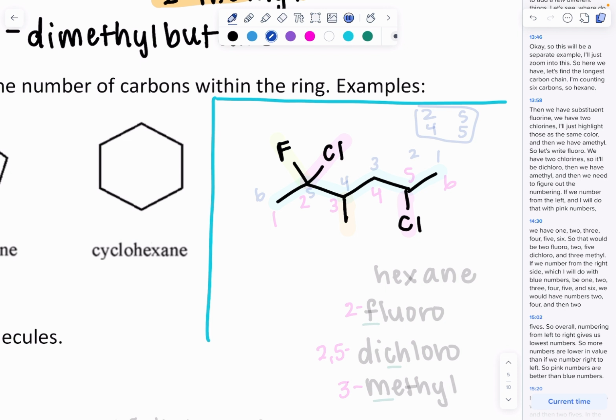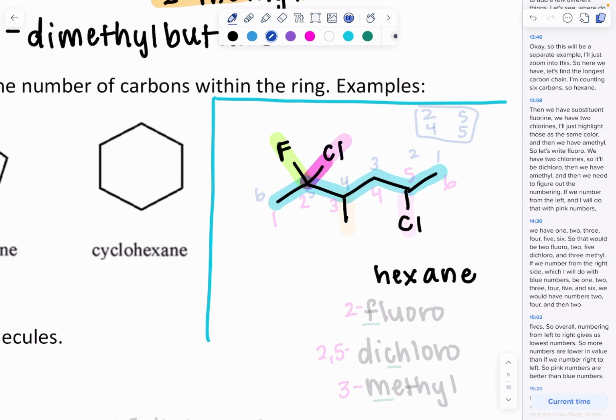So here we have, let's find the longest carbon chain. I'm counting 6 carbons. So hexane. Then we have substituent fluorine. We have 2 chlorines.